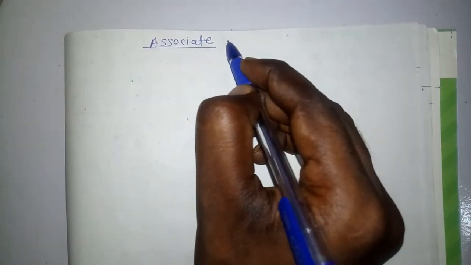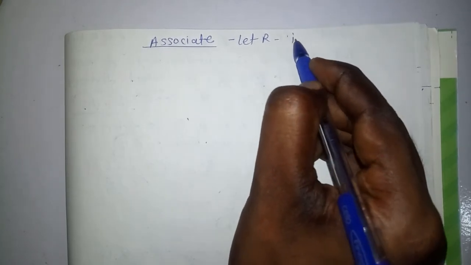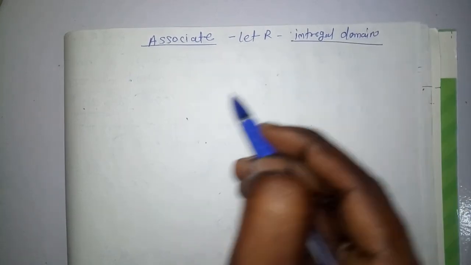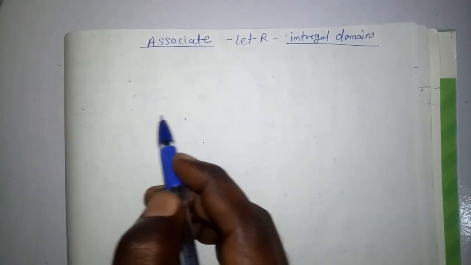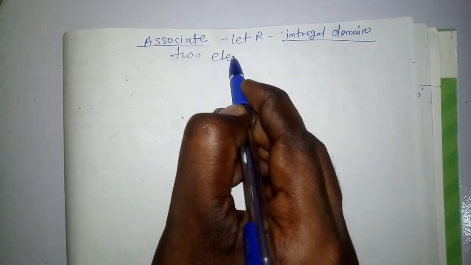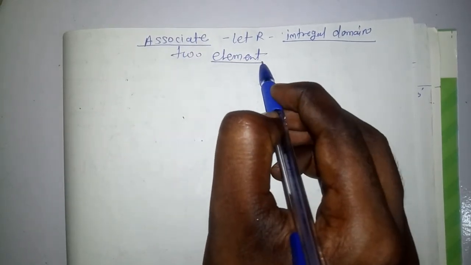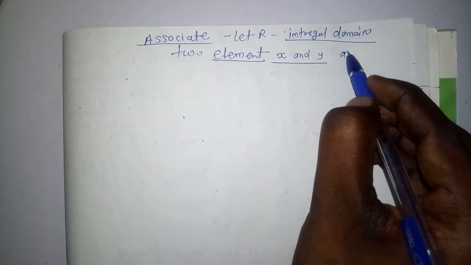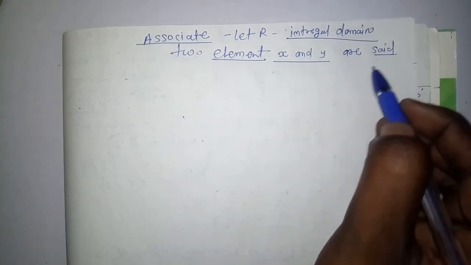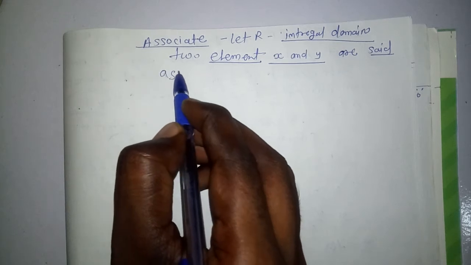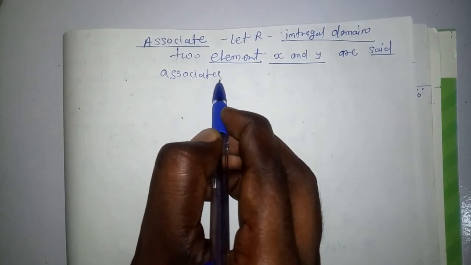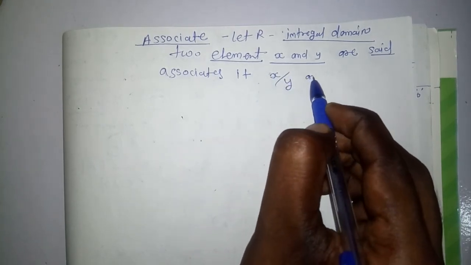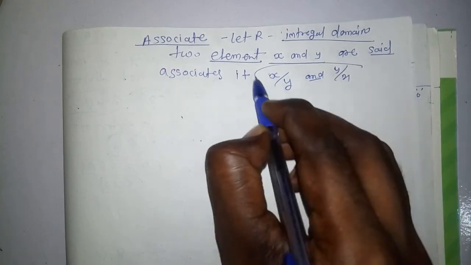Let R be an integral domain, students. Two elements x and y are said to be associates if x divides y and y divides x.